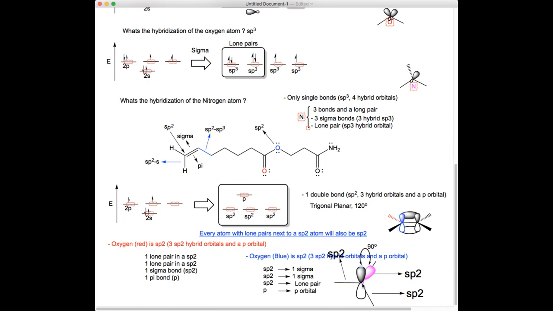Yes. This carbon here is trigonal planar. I'm gonna draw an arrow so you can see, because it's sp2 hybridized. Okay. Trigonal planar is this. So the 3 sigma are 120 degrees from one another in the same plane. And the p is perpendicular to the plane. You can even do, for example, this.